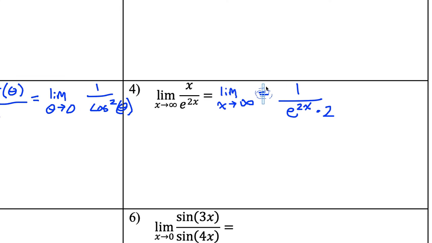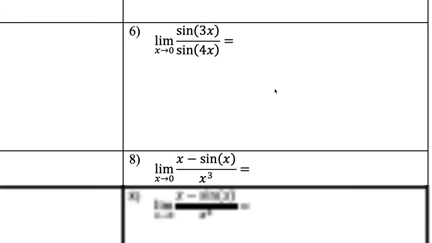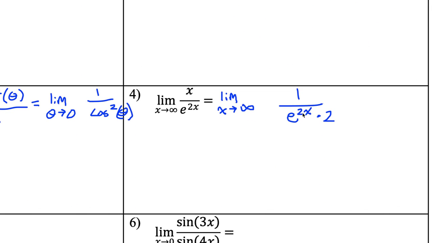Now that I'm plugging in infinity, it's 1 over infinity, which is just 0.